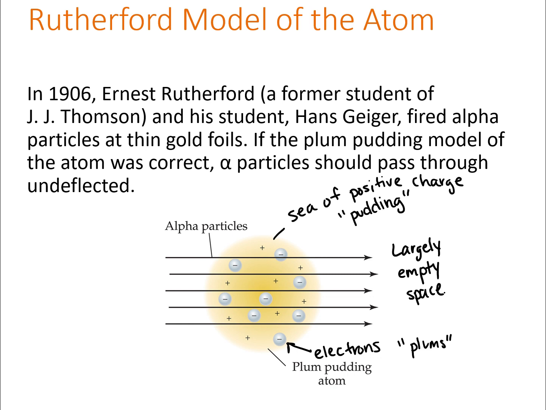Ernest Rutherford said, okay, if the plum pudding model is correct, then I should be able to throw some particles at an atom, and those particles should just go straight through, because there's nothing massive enough inside of an atom to deflect these particles. So if you think about if you're doing bumper cars, if there's no other cars in there, then you could just ride around.